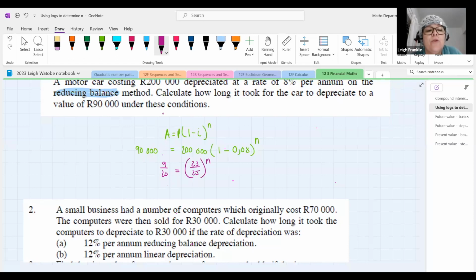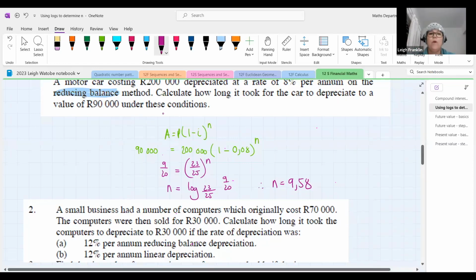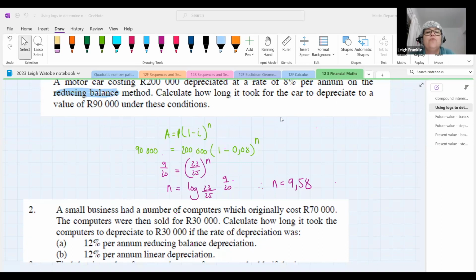And then remember you've got to write n equals log base 23/25 of 9/20, and put in your numbers. That's how you would have got the answer you sent me, which was 9.58. So you can use logs in any formula where you are calculating n as the exponent. All right, good. Well done. A lot of you have sent me through the correct answer.